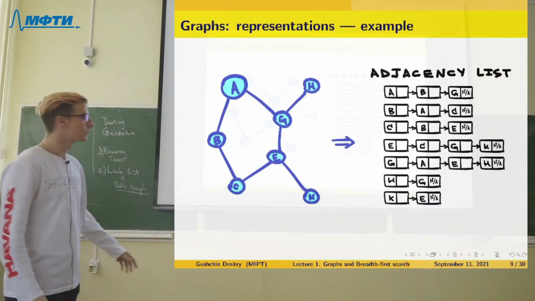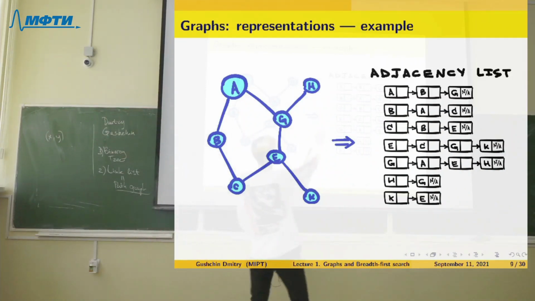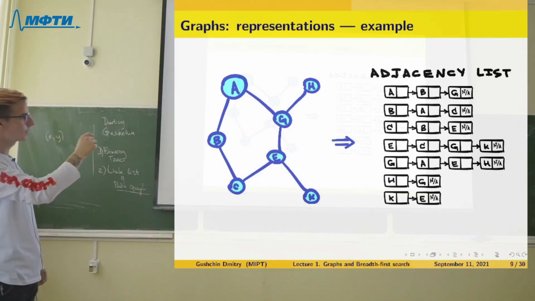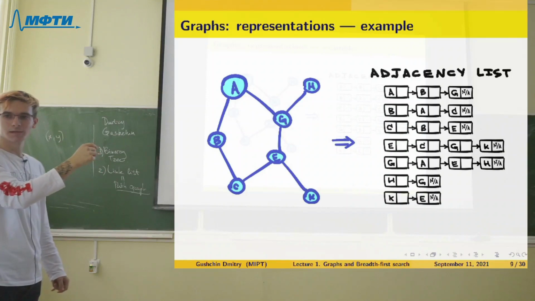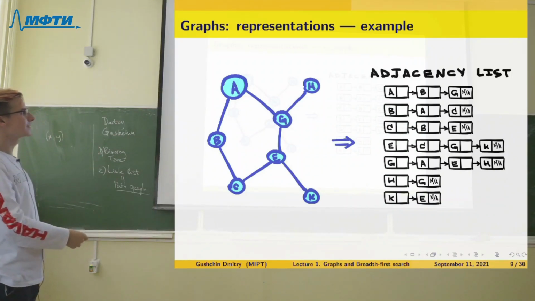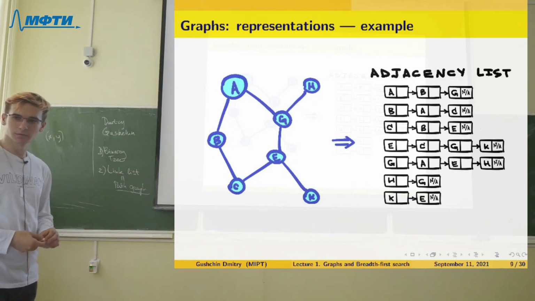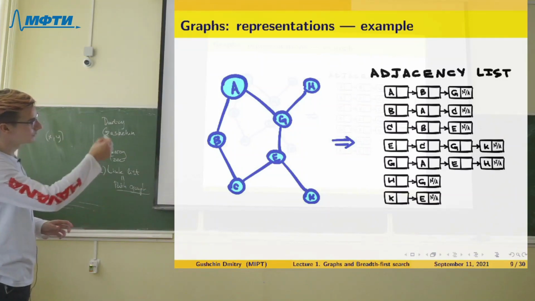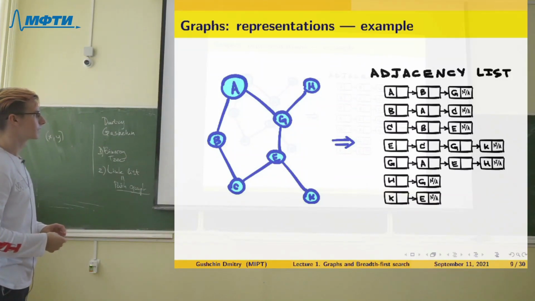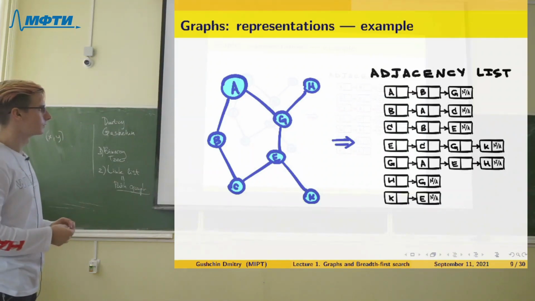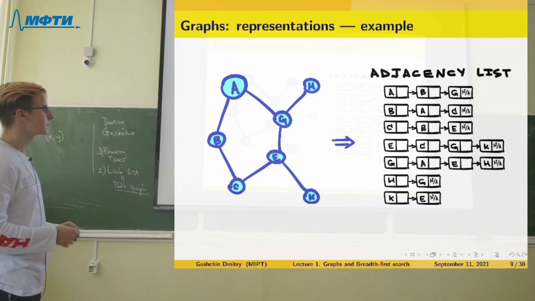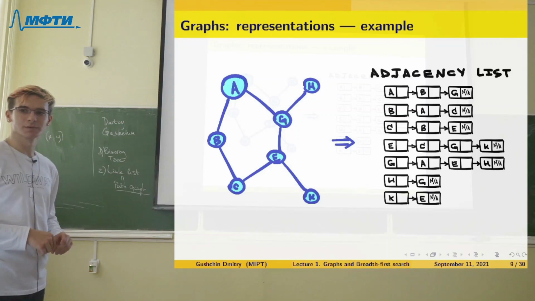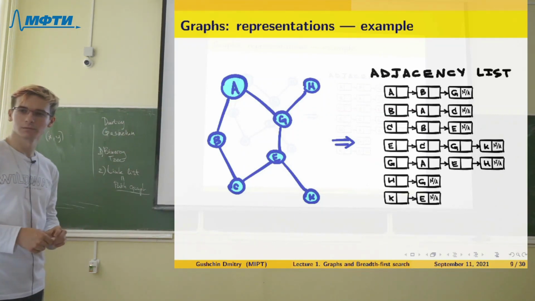The first node has an arrow to the second with name B, so we say that A is connected with B, A is adjacent to B. And for example, G has a null reference because there aren't any other vertices connected with vertex A in the first row.